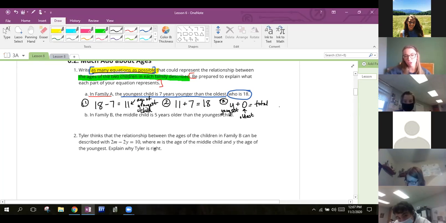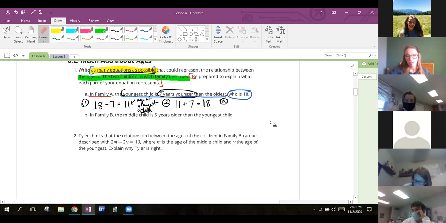Okay, that is true, but that really doesn't show anything about their 7-year age difference. We're saying that their 7-year age difference equals the oldest. The oldest is 18. Right. And then you do the youngest plus the age difference, and that equals 18, the oldest.